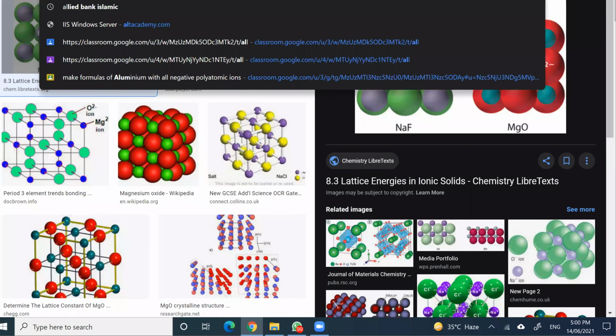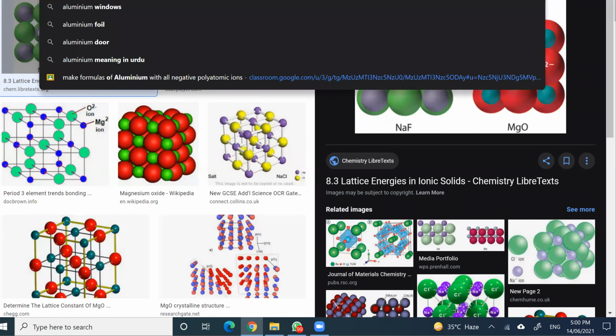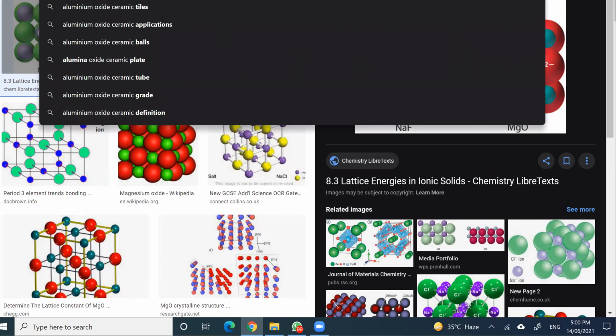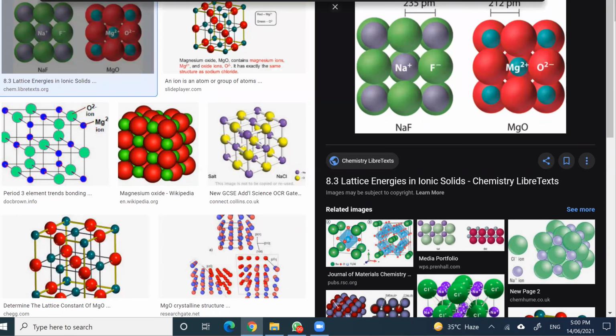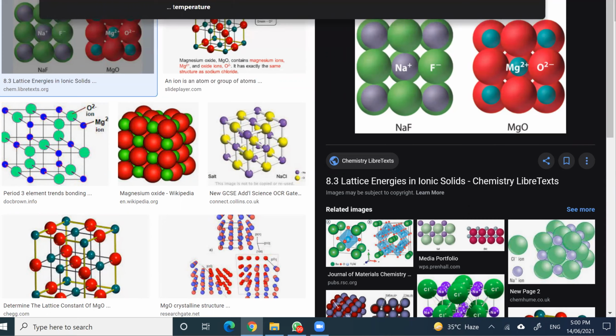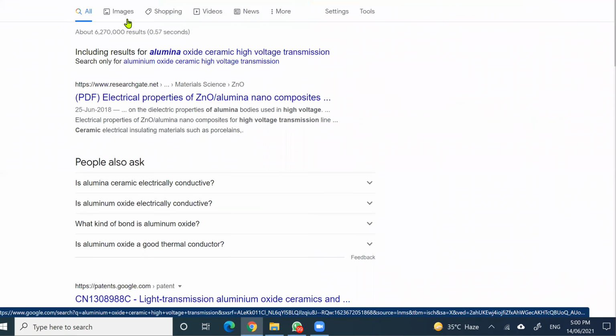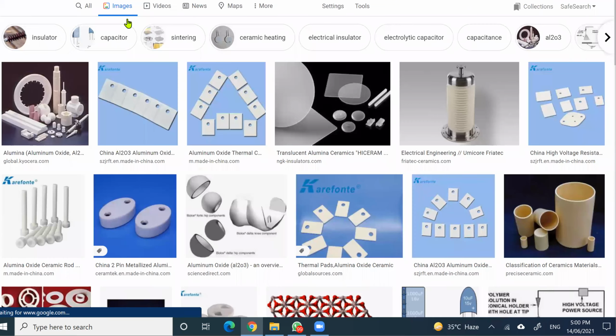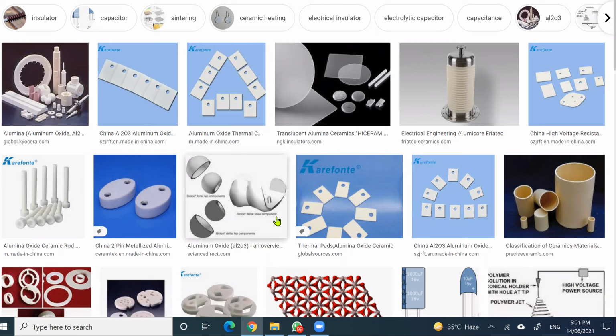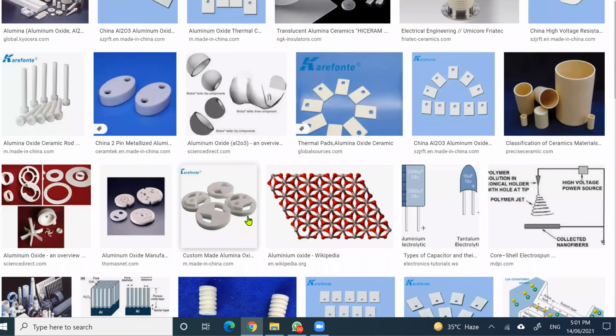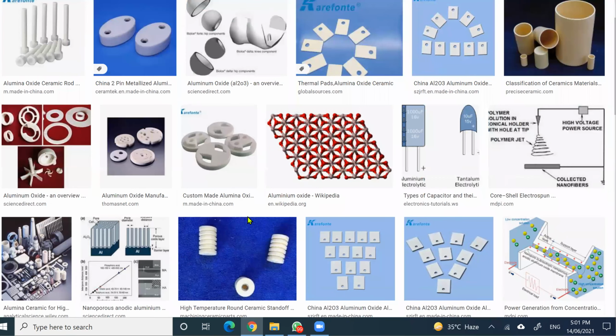You can even use ceramics for high voltage transmission. A lot of your electrical extensions have these white-colored substances inside, and these are made out of aluminum oxide.